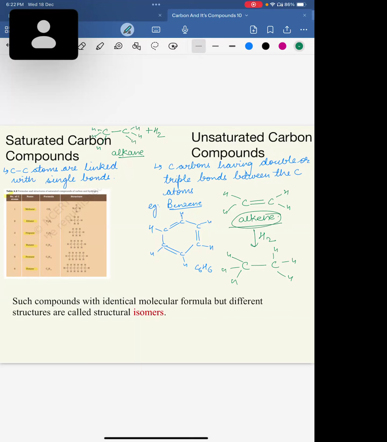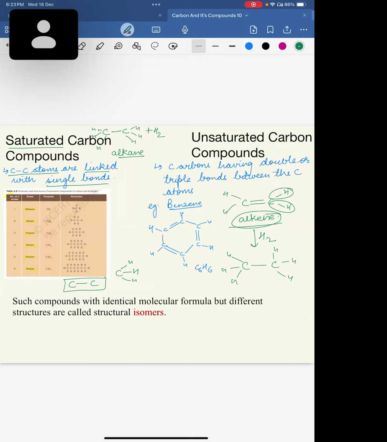For the definition, remember the simple definition: saturated carbon compounds are the compounds where the carbon-carbon atoms are linked with a single bond. Don't say that here C and H is a single bond, here also C and H is a single bond. Don't see these bonds. The carbon-carbon bond.